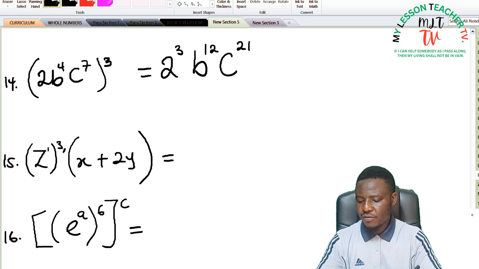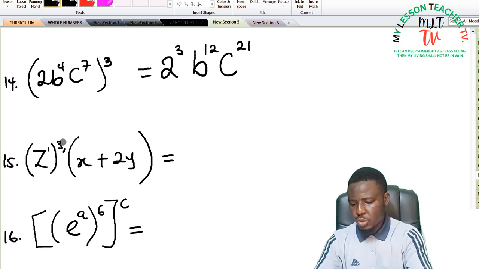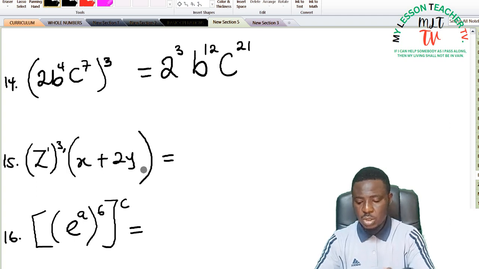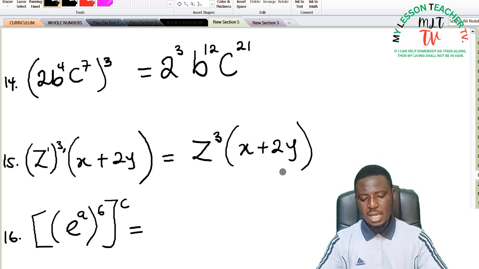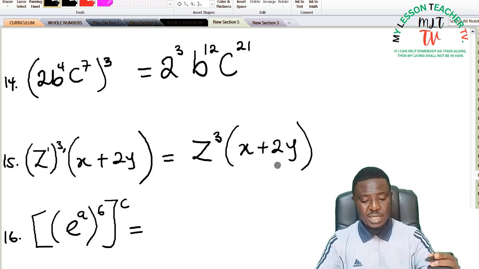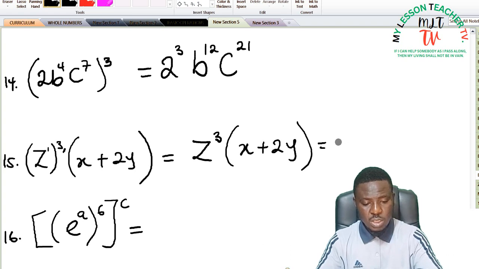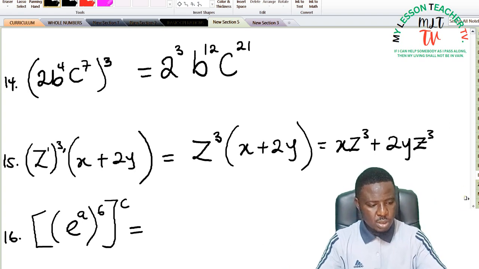Now for question number 15, the cube is affecting only z and not the second bracket. So this is going to be z cube into x plus 2y. You can as well simplify by expanding this to be equal to xz cube plus 2yz cube.